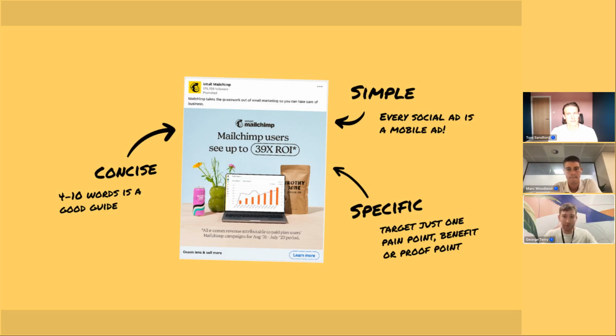They're super simple, right? Every social ad is a mobile ad. And we should always think mobile first about the creative, because when you're there with your designer and they've got a massive monitor or an iMac, the ad's going to look great because it's going to be huge and on a really high res screen, and all of that intricate shading and those gradients is going to look really nice.